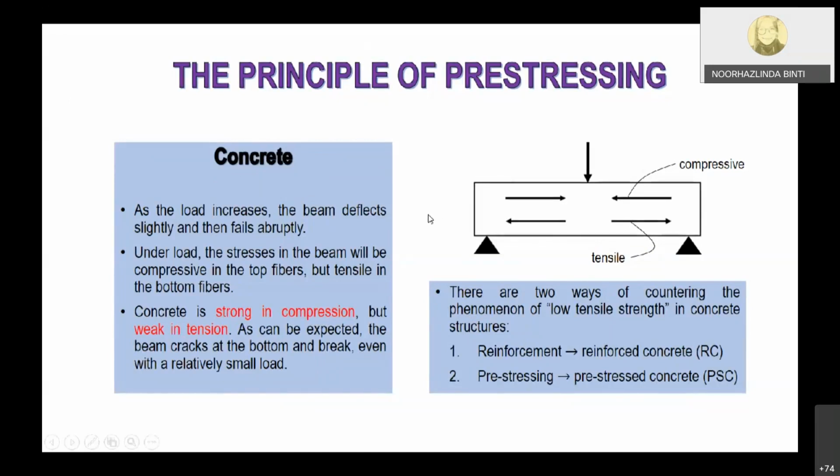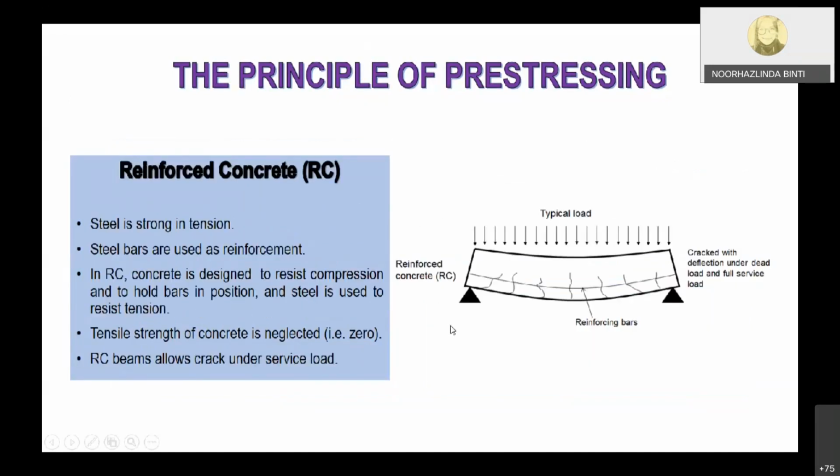Okay, reinforced concrete. What is reinforced concrete? Just now is concrete, now we have reinforced concrete. Reinforced concrete is a concrete in which we embed steel bar inside that particular concrete. But to embed that steel bar, you cannot simply put it in the concrete, right?